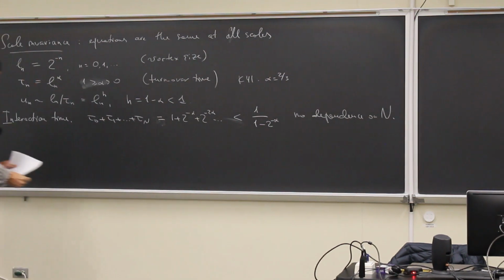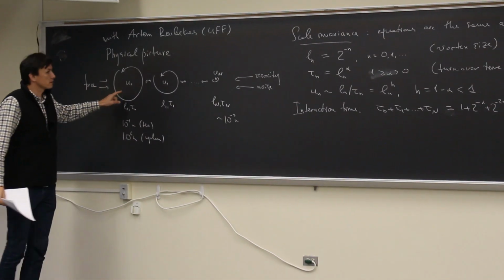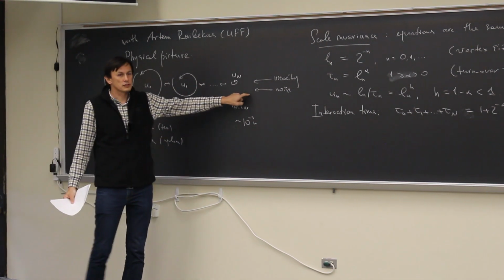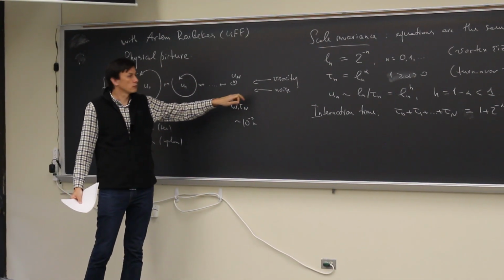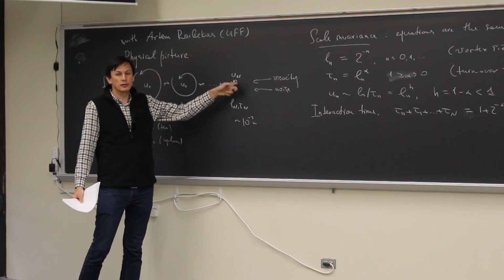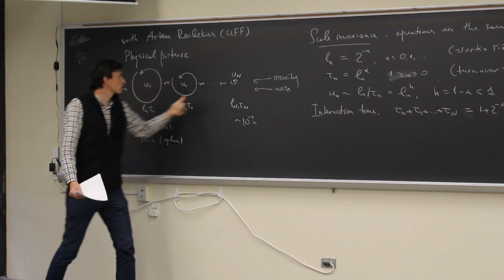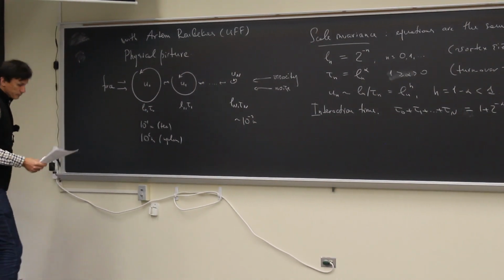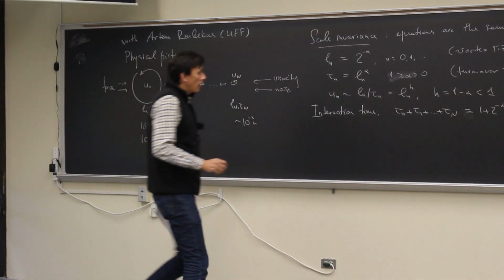So what it tells you is that there is a finite time at which the largest scale will influence the smallest scale, and vice versa. Whatever you put in the smallest scale, in finite time it comes here.